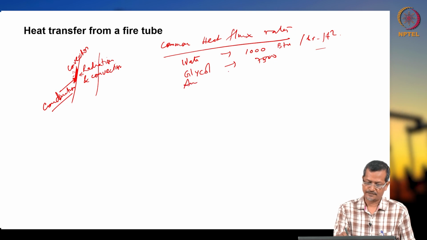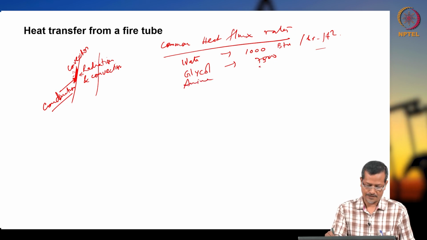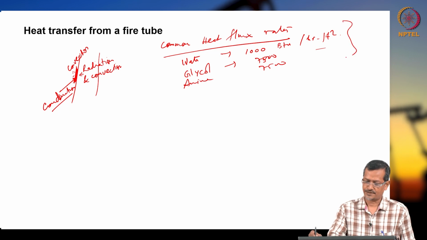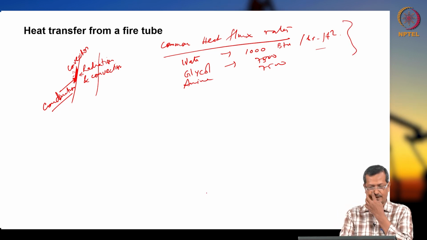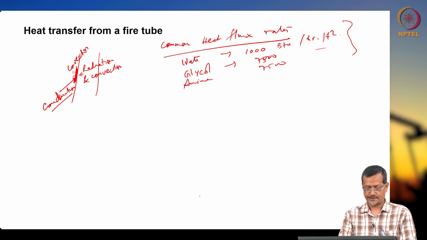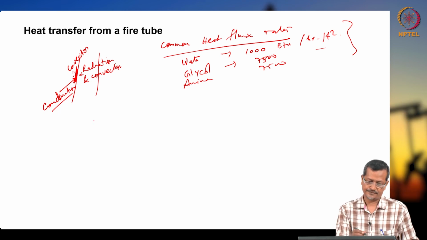Again for amine, it is 7500. These are just rough values, so that you can get some idea of the heat flux rate.